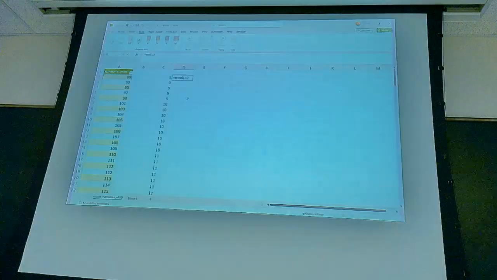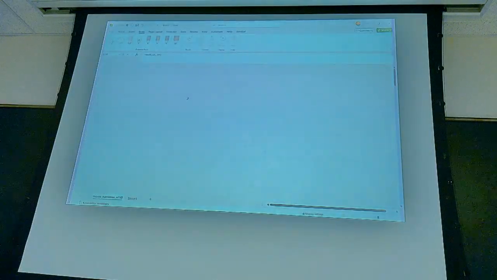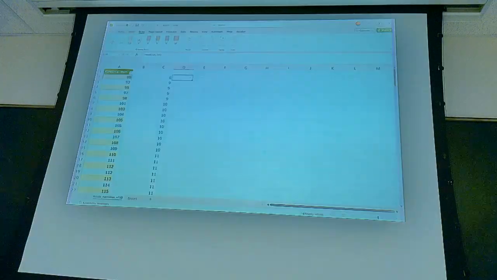So A2, when it's divided by 10, that will give you the units.